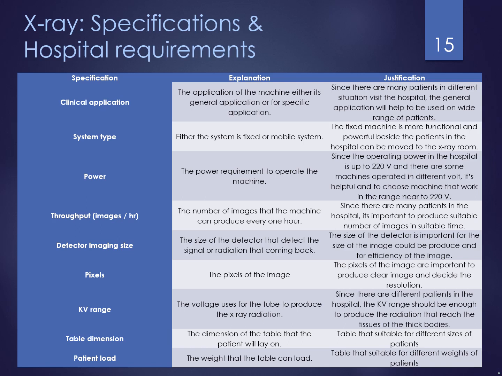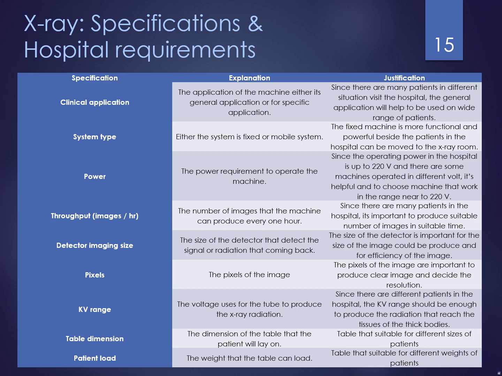kV range, or kilovoltage range, the voltage used by the tube to produce the suitable amount of radiation. In the case of the hospital, since many patients visit, it's better to have a suitable kilovoltage range that can reach thick bodies.